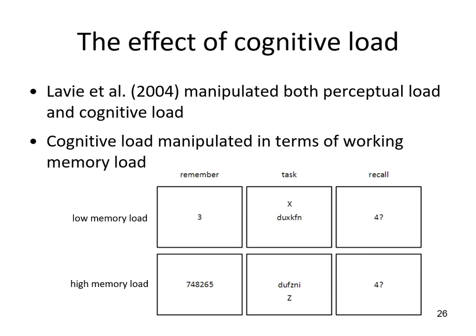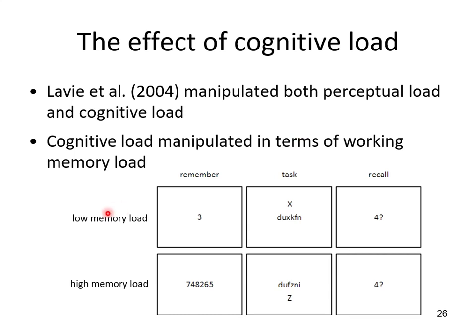How do you manipulate cognitive load? There are many ways, right? I can ask you to do calculation in your mind, or I can ask you to think about something. And one very good way to manipulate cognitive load is to use memory load. Ask you to remember something. So during the course of memory retention, I will do the same task as the 1995 experiment.